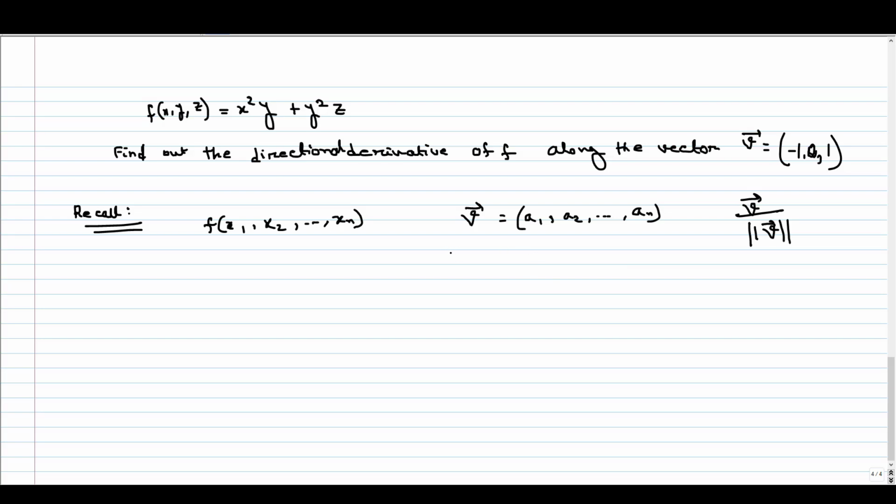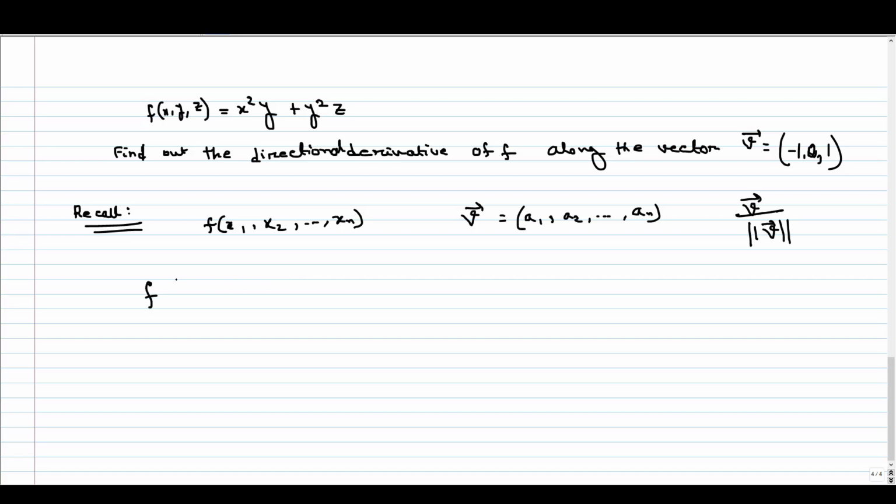Now, to make the computation easier here, we are assuming that the vector which we have started with is actually a unit vector. So what we have to do to calculate the directional derivative? We have to see the increment of this function along this vector.